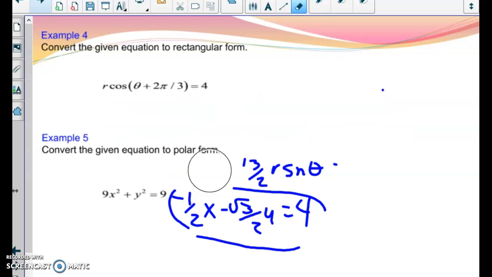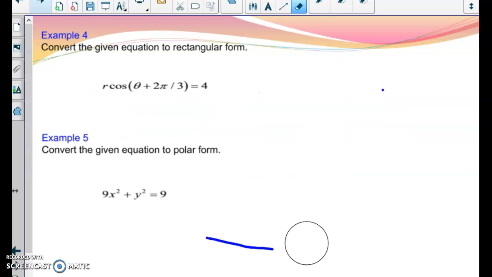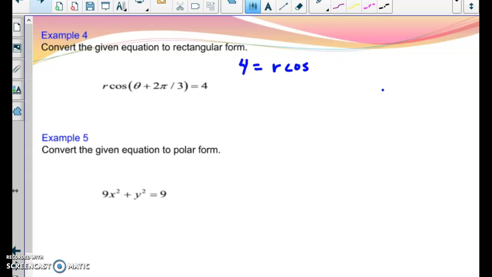Just for the fun of it, I want to do a similar one to that. I want to do what happens if I have 4 equals r cosine of that?